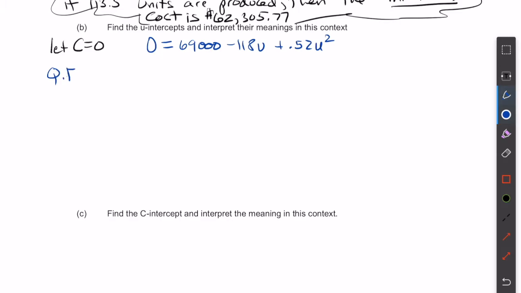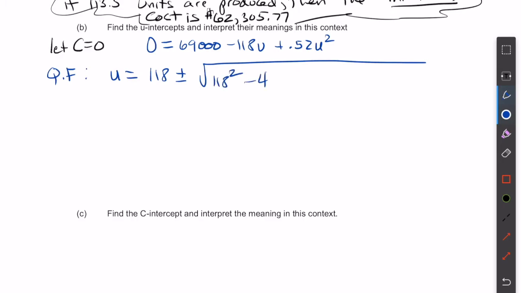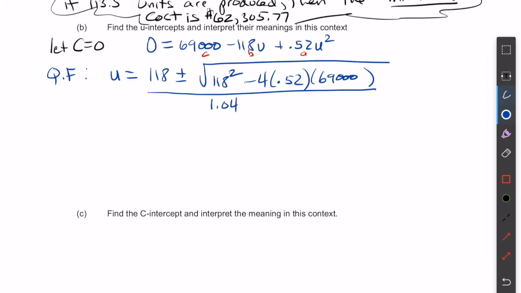And then using the quadratic formula, I can try to solve that for u by taking the opposite of b, plus or minus the square root of b squared, minus 4 times a, c. The a is 0.52, right? Your a, your b, your c. So the a is 0.52, and the c is 69,000. And then that whole thing is divided by 2 times a. 2 times 0.52, again, is 1.04.